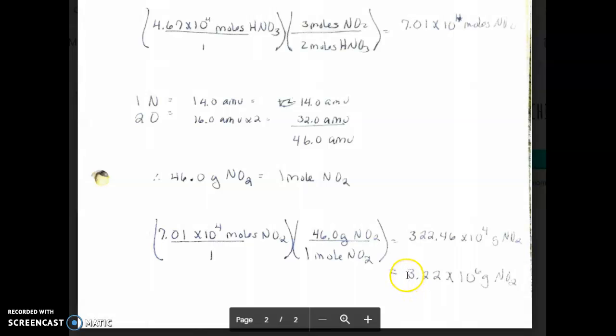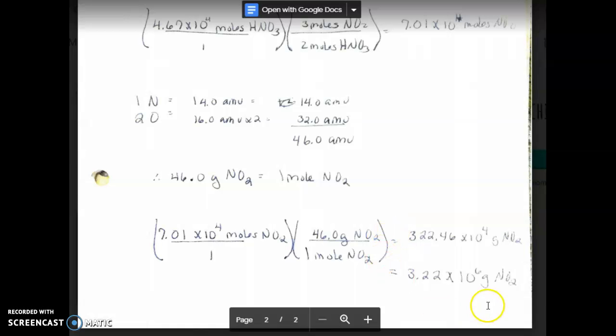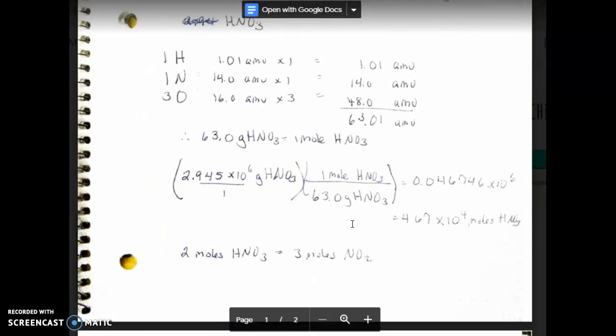So I want 3.22, and since I'm moving that decimal over 2 spaces to the left, making this number smaller, I have to multiply by 2 powers of 10. So the final answer will be 3.22 times 10 to the 6 grams of nitrogen dioxide, and that is your answer for this particular problem.